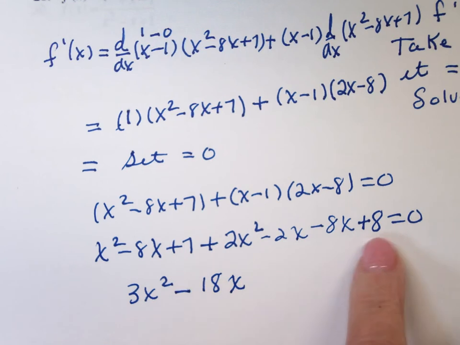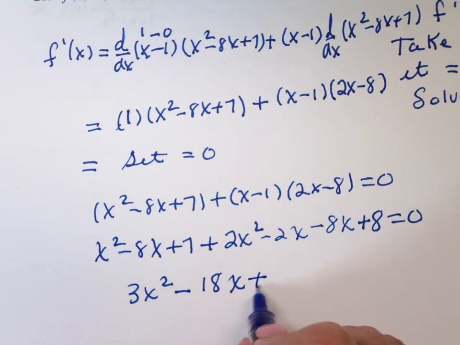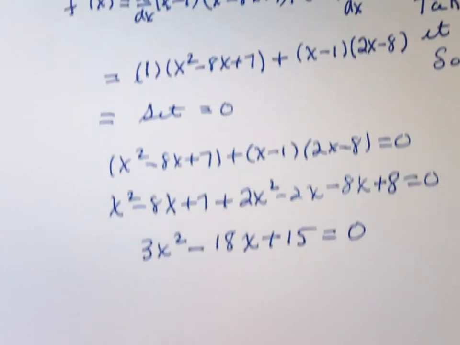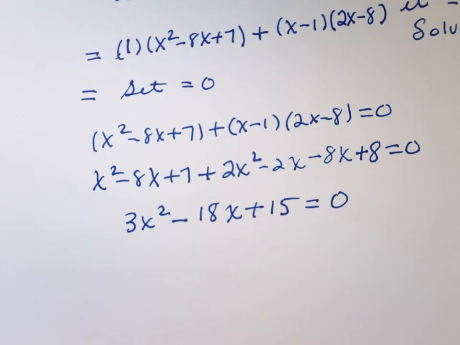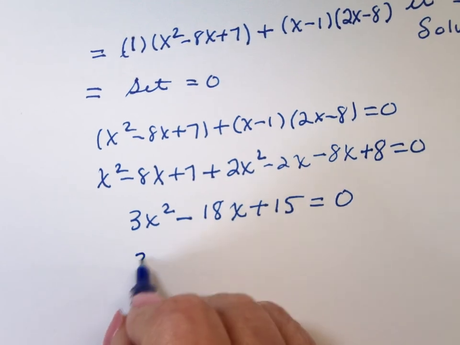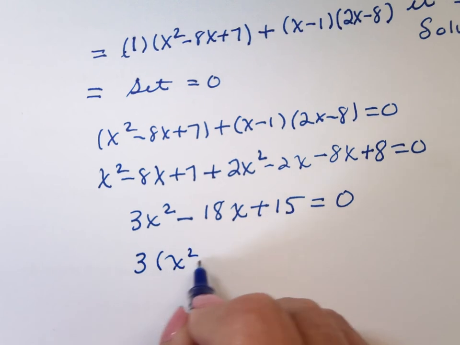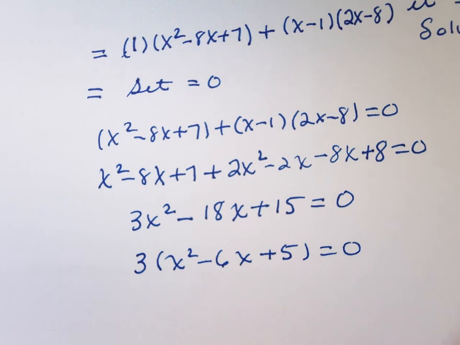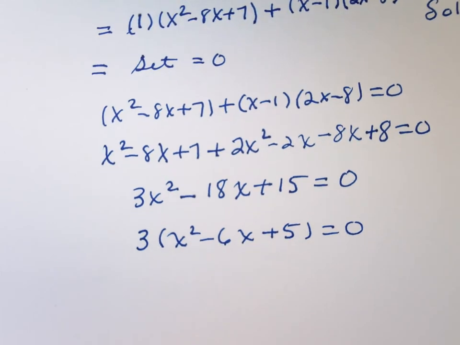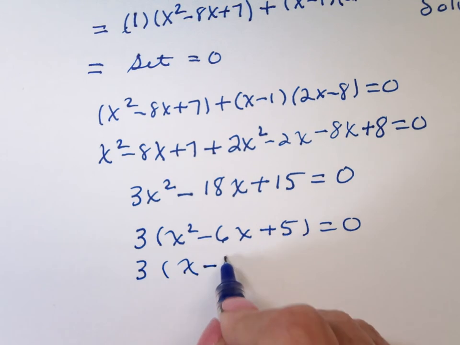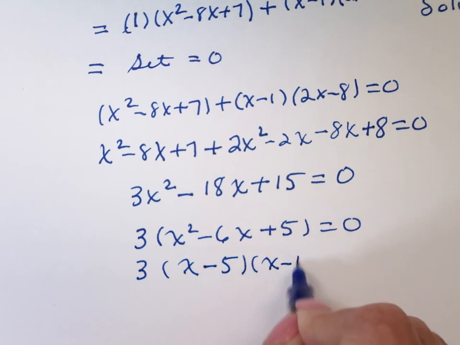And 7 plus 8 is 15. Now I could either try to factor that as it stands, or what do I notice it has? Greatest common factor of 3. x squared minus 6x plus 5 equals 0. That makes life easier in terms of factorization. This is x minus 5, x minus 1.